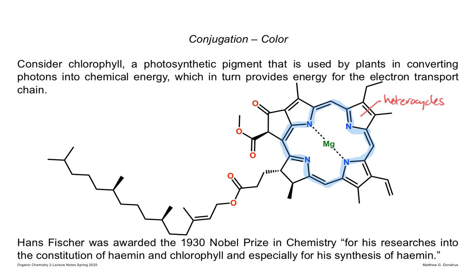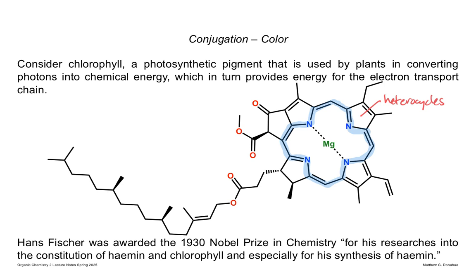And so that forms something called a porphyrin. And then since you have the nitrogens in the middle, we know they have lone pairs, and then you can get these metals that sit in there. And so that's what I was talking about, converting sunlight energy into the electron transport chain.